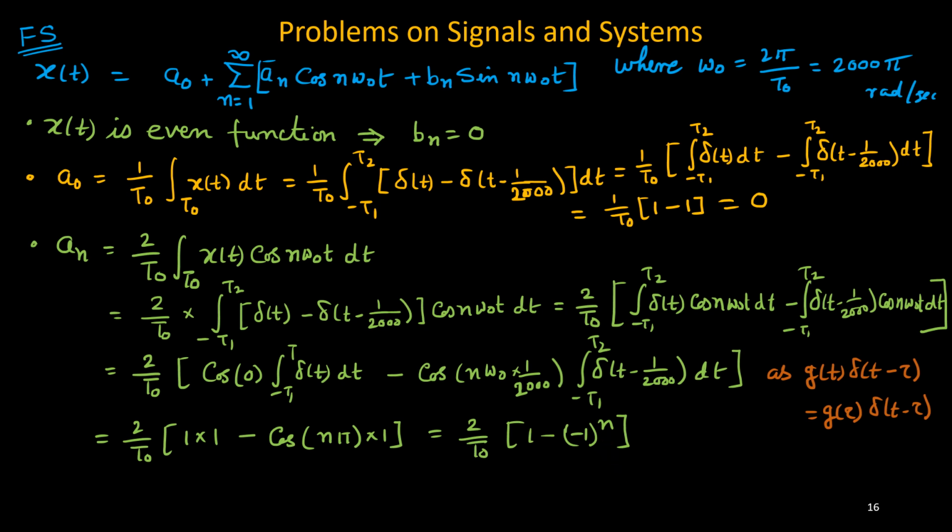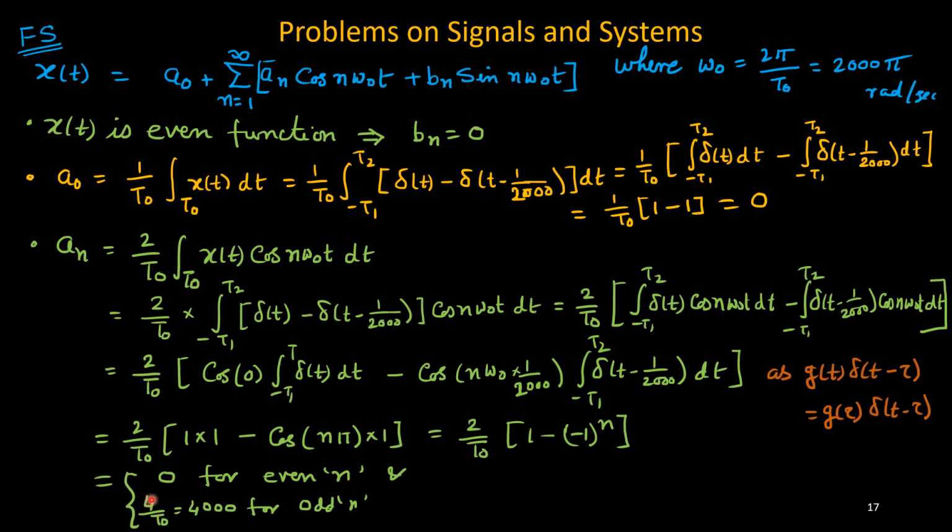So I can write that when n is even, at that time it is 1, and 1 minus 1 is 0. This value is 0. And for odd n, this value is minus 1. So 1 minus minus 1 means this is becoming 2, and 2 and 2 is 4 by T₀. So this value is 4 upon T₀, and T₀ is 1 millisecond.